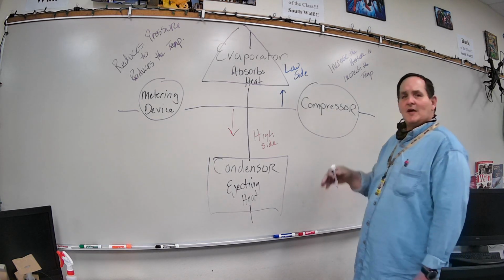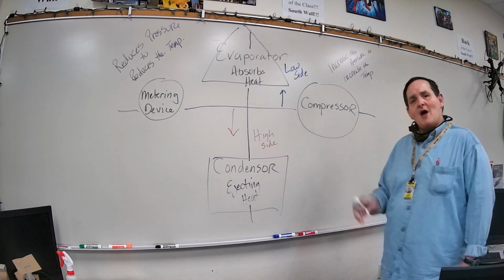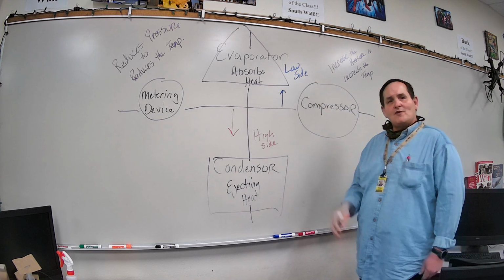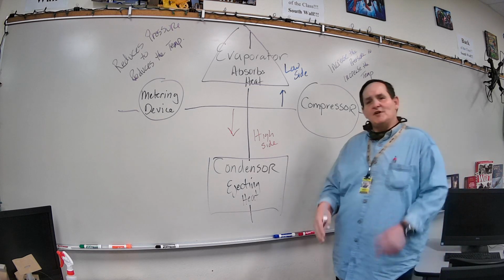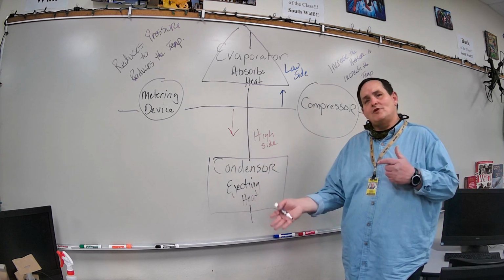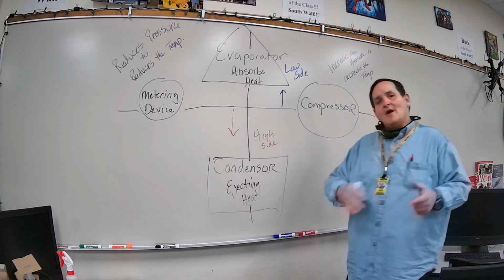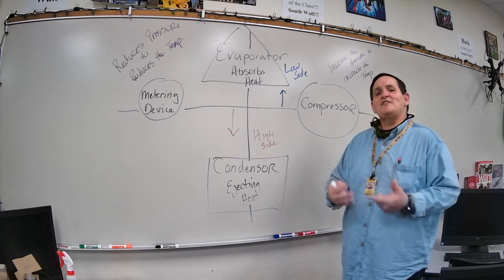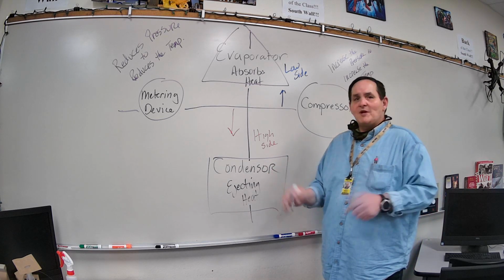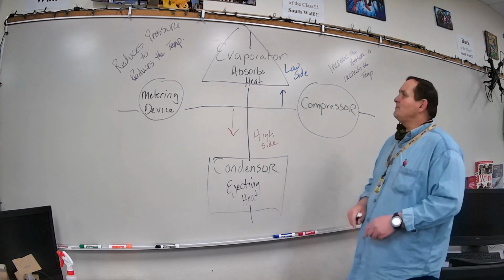And it's got to be in a certain state. Because you remember, how does heat travel? From a high to a low. For instance, if something is 800 degrees and something is 200 degrees, that 800 degrees wants to make the 200 degrees 800 degrees. So the 800 degrees is going to give up its heat to the 200 until they become equal. Once they become equal, there's no more movement.